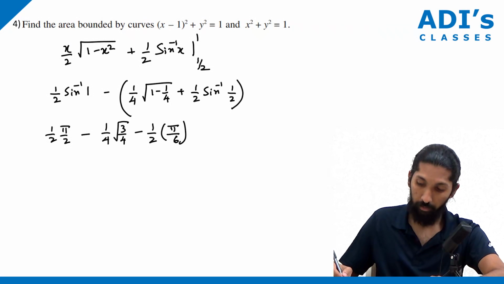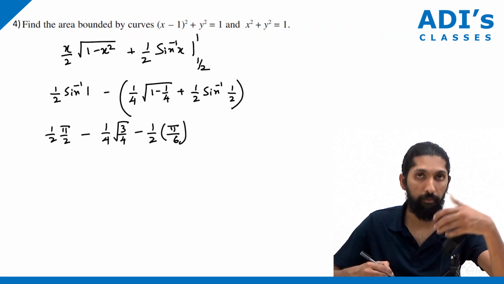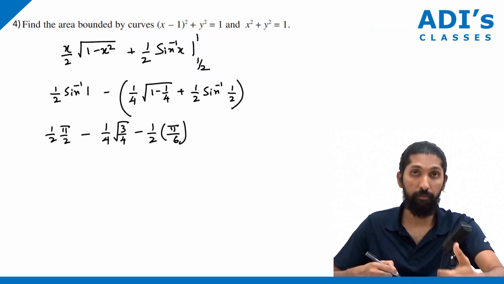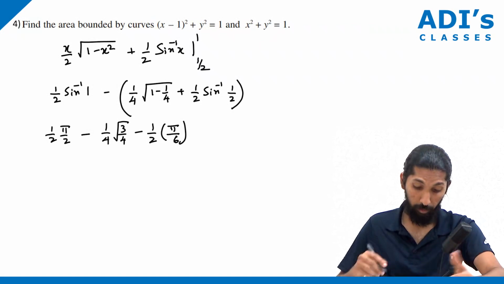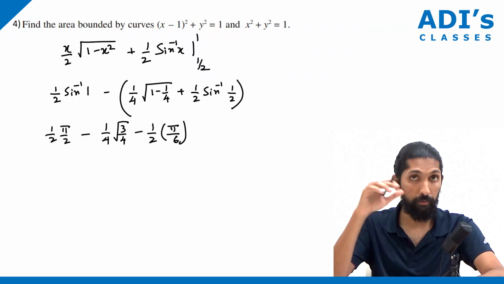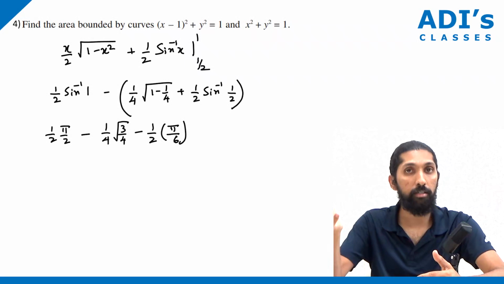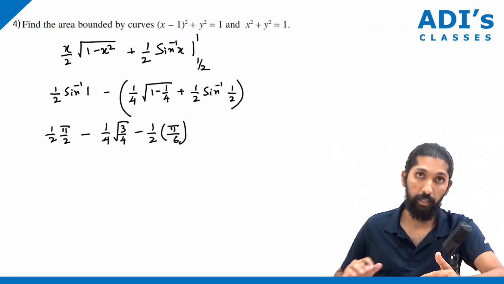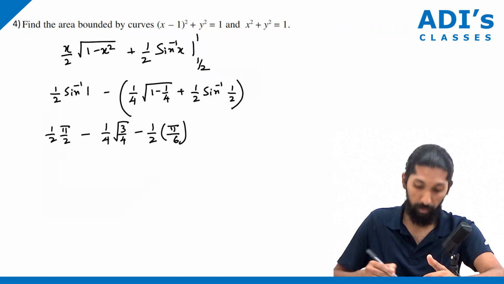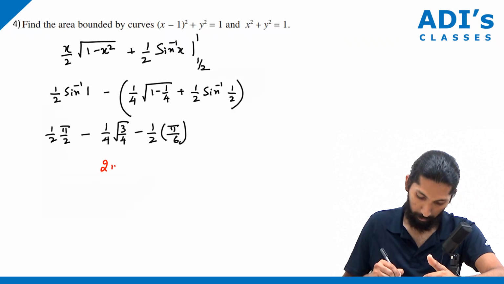Now the final part is what? You have the previous case and you have this one, correct? If you look at it, that 1/4 into root of 3 by 4 will get cancelled. Likewise, certain parts are going to get cancelled. So the final answer is 2 pi by 3 minus root 3 by 2.